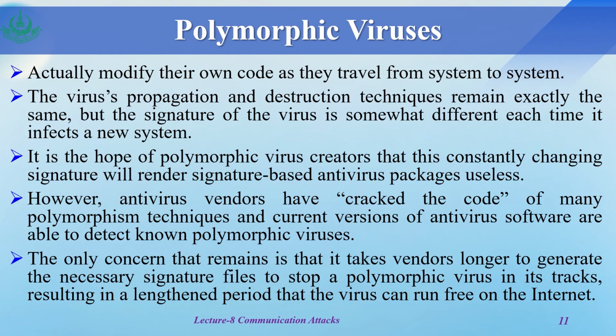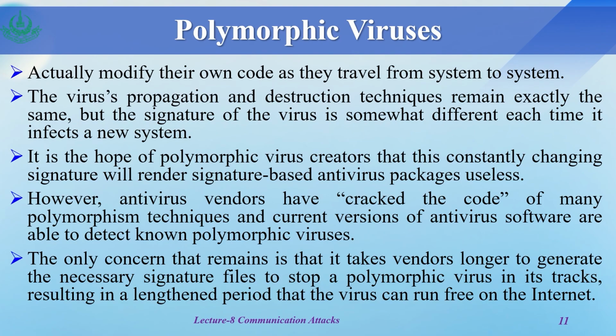It is the hope of the polymorphic virus creator that this constantly changing signature will render signature-based antivirus packages useless. However, antivirus vendors have cracked the code of many polymorphism techniques, and current versions of antivirus software are able to detect known polymorphic viruses.